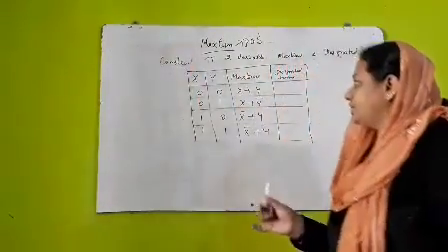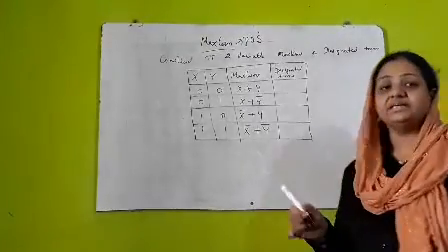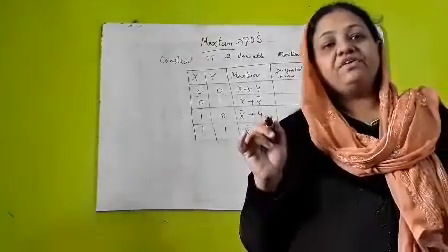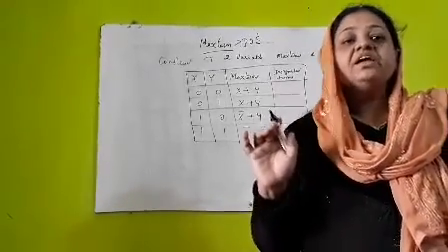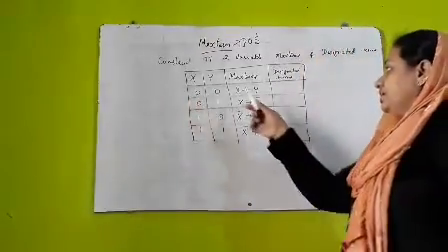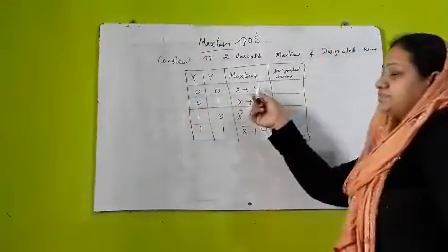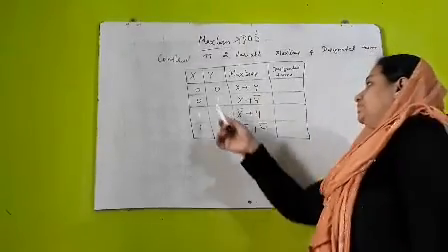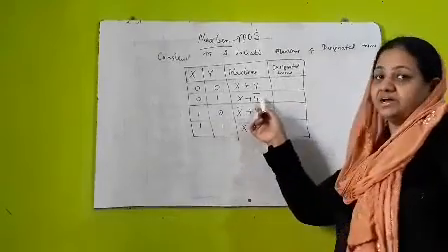So this is the way how we can construct the truth table for max term. As we know that in a max term, if a variable is 0, it is represented with the variable itself. If a variable is 1, it is represented with its complement. So here you can see x is 0, y is 0, so we will be writing 0, x plus y. So similarly, x is 0, y is 1, so it will be x plus y bar.